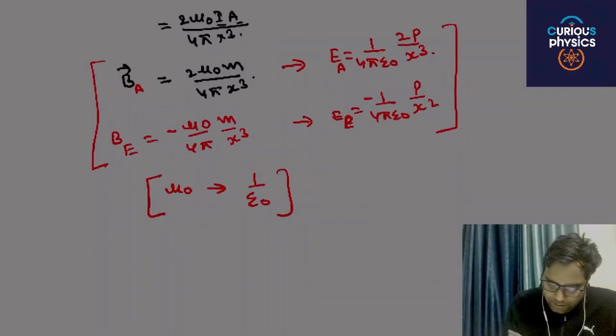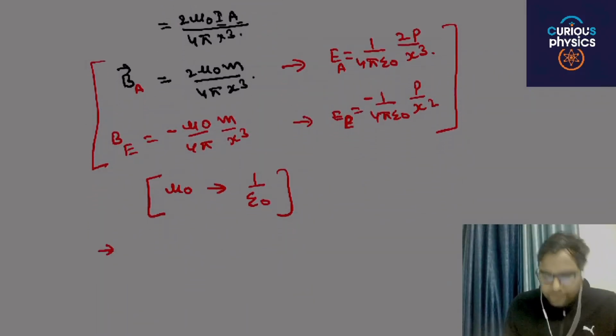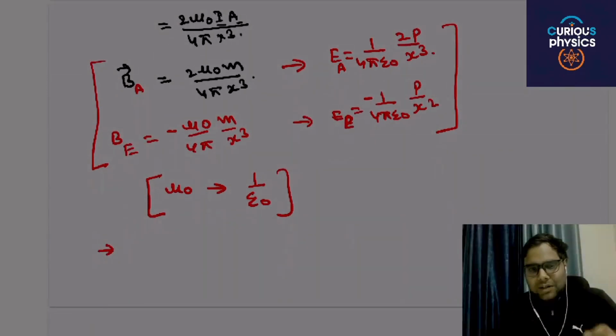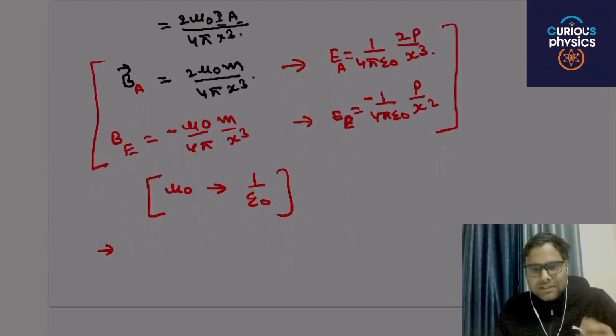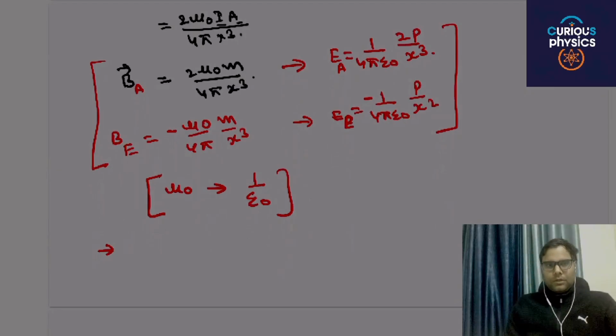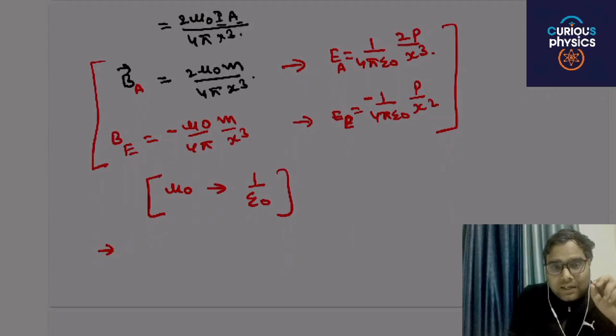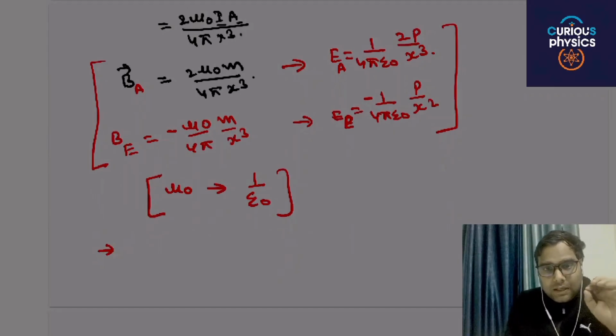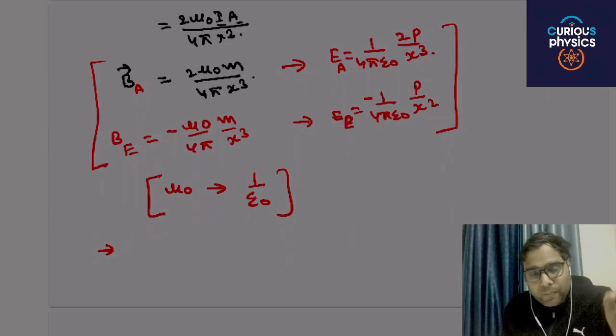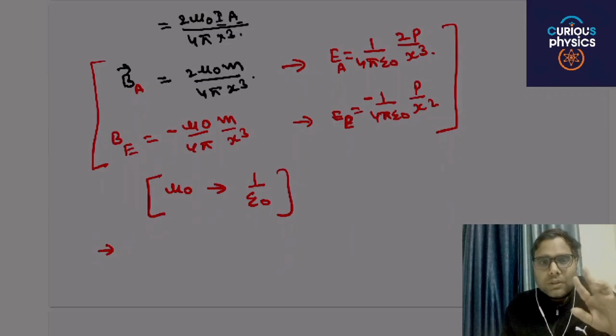One more thing here, just the difference is that electric charges can exist alone. But in the case of magnetism, north and south cannot exist alone.